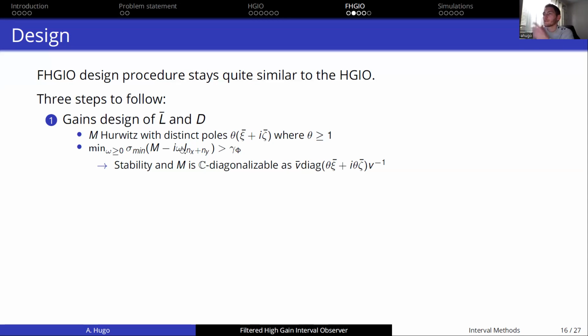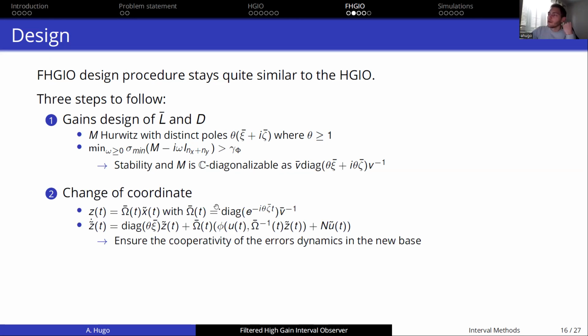So the idea is the same, we have to design the observer gains, but in practice, it is done differently than in the previous observer. Now, again, we use a change of coordinates based on the diagonalizability. And this will allow us to ensure the cooperativity of the error dynamics in the new base.